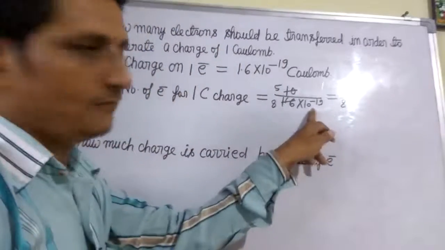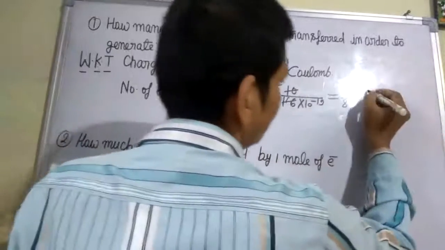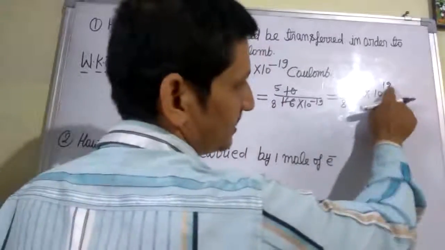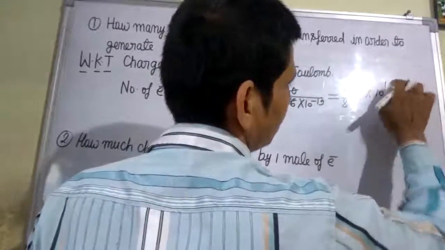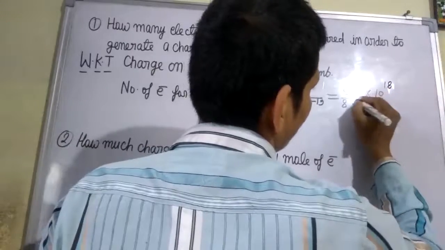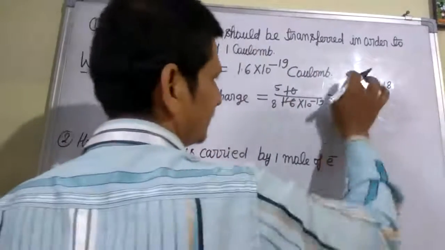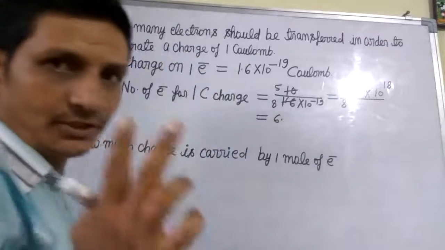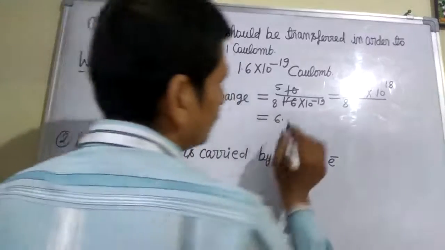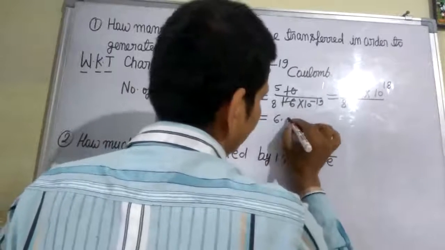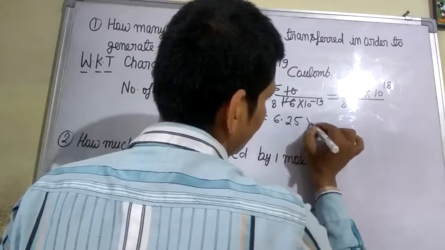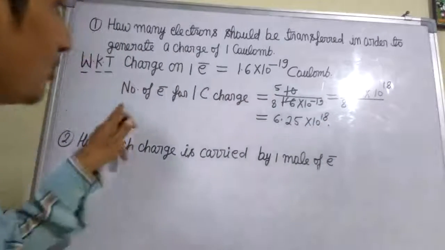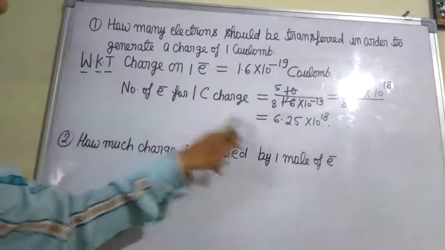We can take 10, minus 19 becomes plus 19, and take 10 from this side, it becomes 50 and it becomes 18. Now solve it. 8 6 ja 48, 50 minus 48 is 2. We get finally 6.25 into 10 to the power 18. So these are the number of electrons for 1 coulomb of charge.